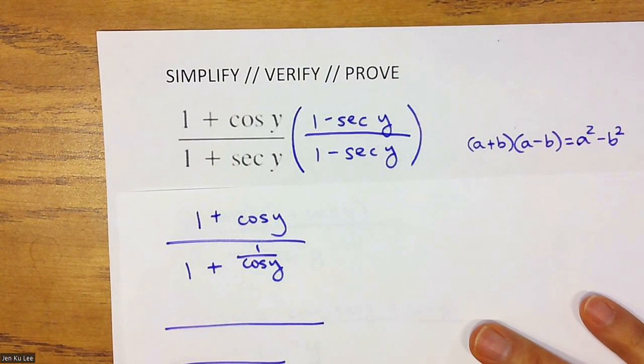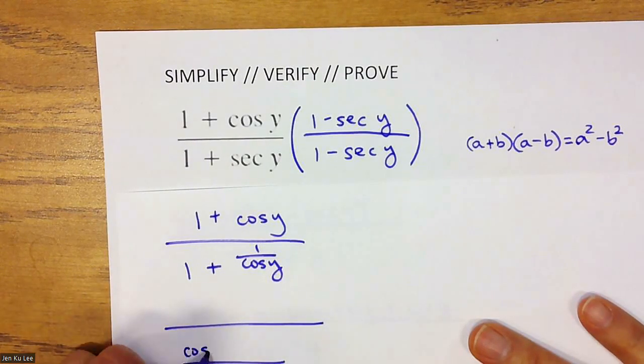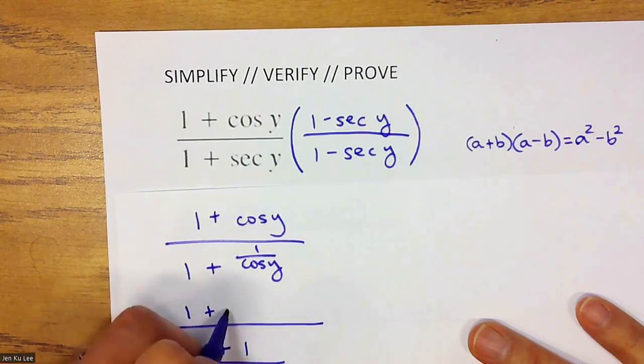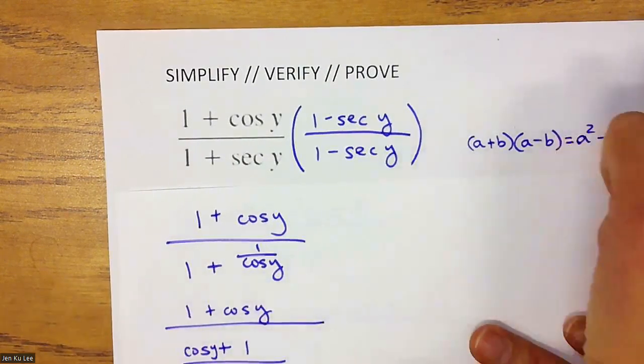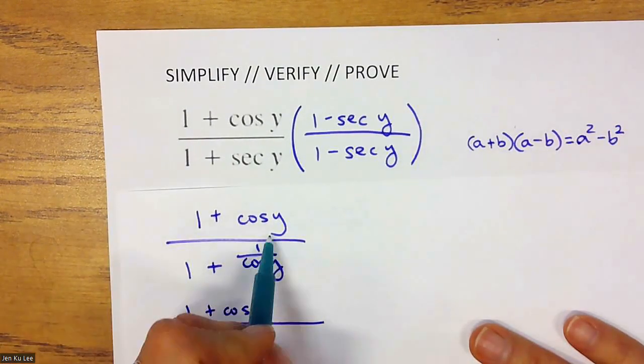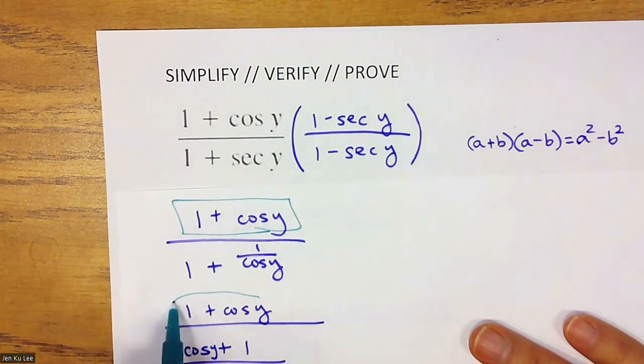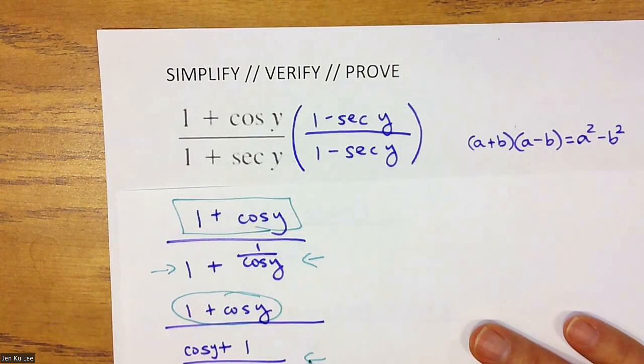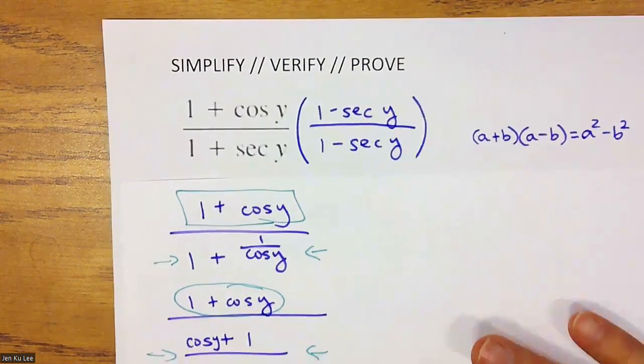Not a trick question. Cosine of y. Right? So 1 is cosine over cosine. So that's cosine of y plus 1. Right? 1 plus cosine of y is in my numerator. So this is this. And this guy turned into this guy. Okay?